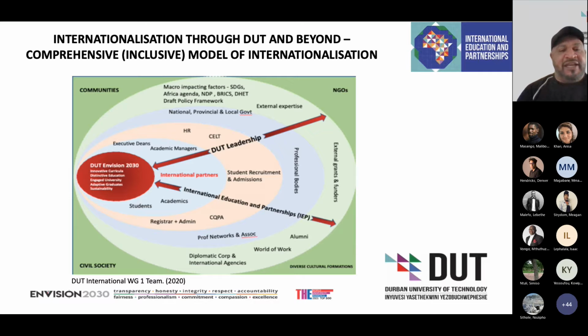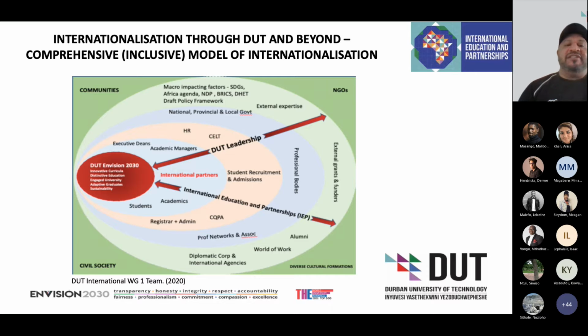And the next layer talks about government, working with national, local, and provincial government, working with professional boards, working with professional networks, and it goes further out, and it talks about working with industry, working with the diplomatic corps.